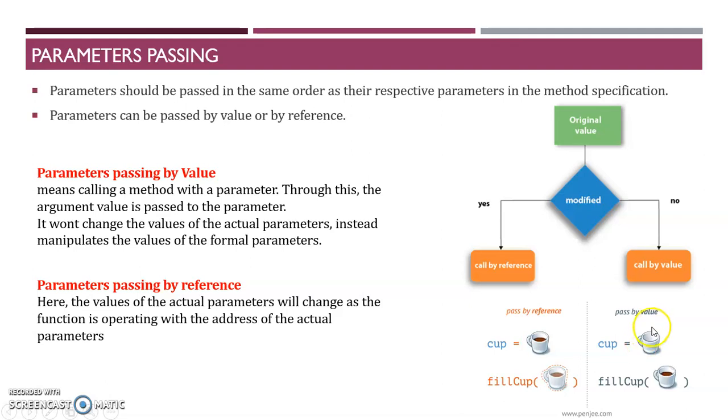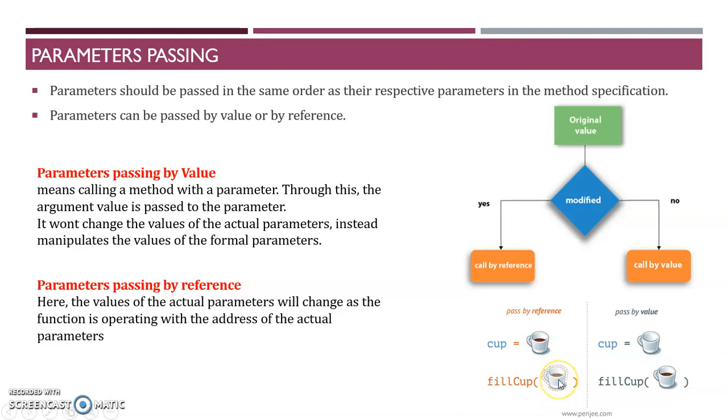So what is the difference? If you are passing by value, you are just passing the value to the function. There the value gets modified, but that modification doesn't reflect in the variables that are defined inside the main function. But if you are passing by reference, a copy of that is defined inside the sub function.